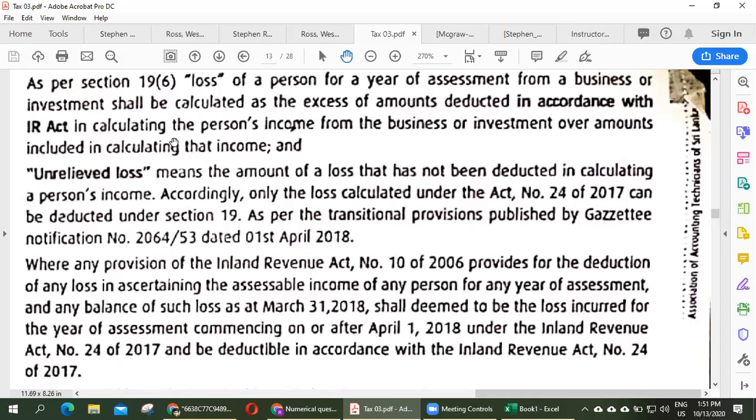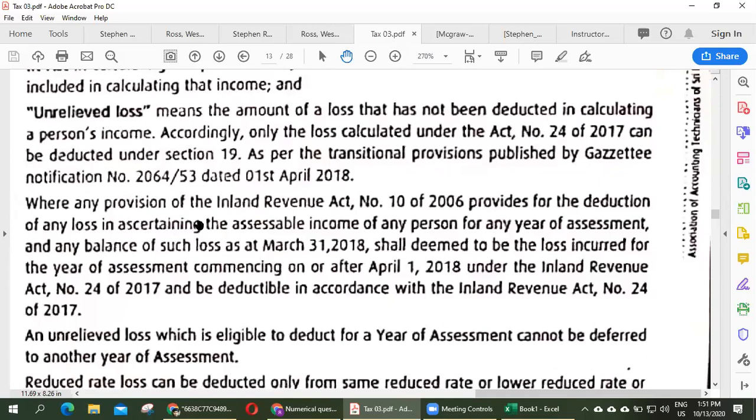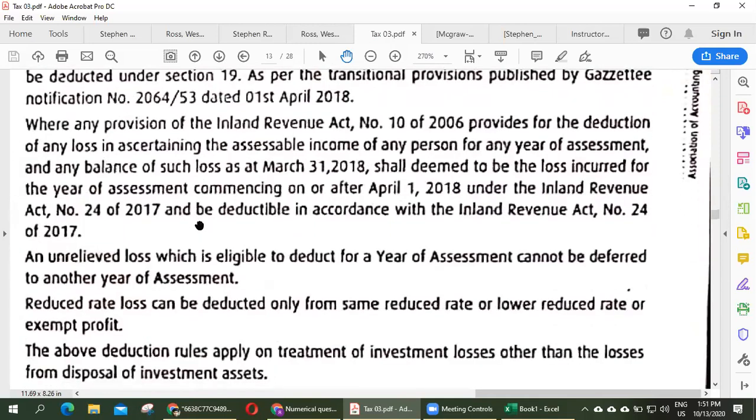It's called transitional provisions, whereby the provision of Inland Revenue Act number 10 of 2006 provides for the deduction of any loss in ascertaining the assessable income of any person for any year of assessment, and any balance of such loss as at 31st March 2018 shall be deemed to be the loss incurred for the year of assessment commencing on or after 1st April 2018 under the Inland Revenue Act number 24 of 2017, and be deductible in accordance with the Inland Revenue Act number 24 of 2017.